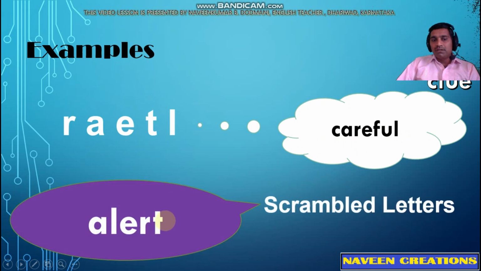The word is alert, A L E R T. In this way, you have to rearrange the letters to make a meaningful word. The word alert is equivalent to the word careful in meaning.